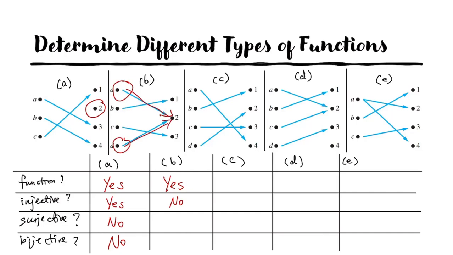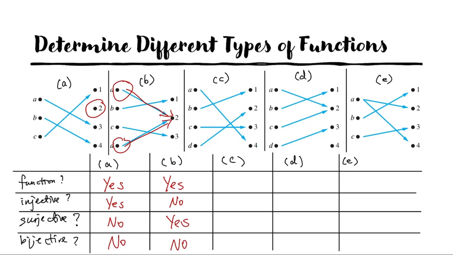So it's not injective, but it's surjective, because every output has an input going to it. Since it's not injective, it would not be bijective.